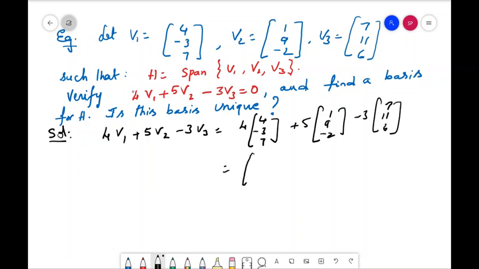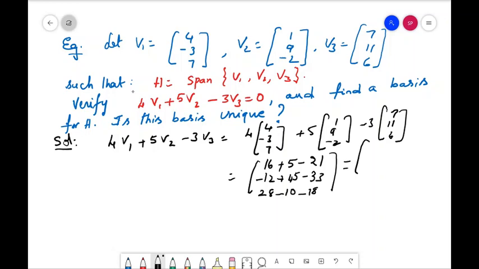So this will be equal to (16 plus 5 minus 21, minus 12 plus 45 minus 33, and 28 minus 10 minus 18), which is equal to 0, 0, 0. So this condition that 4v1 plus 5v2 minus 3v3 is equal to 0 is verified.